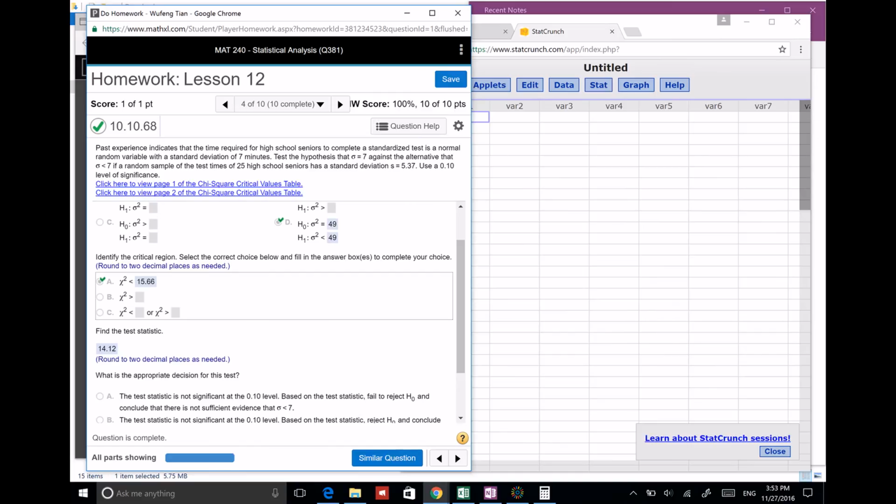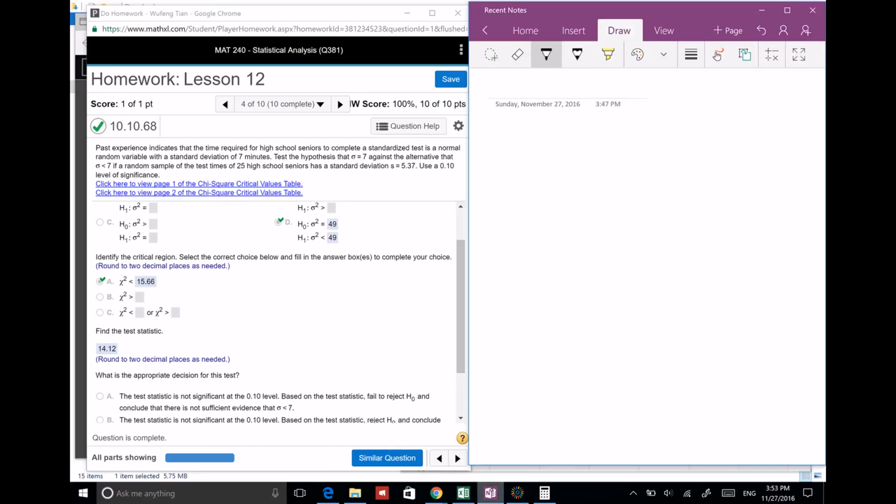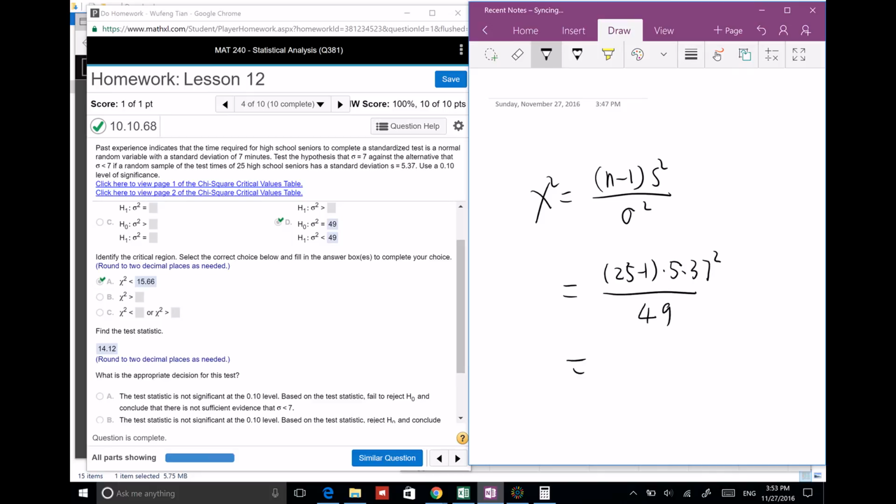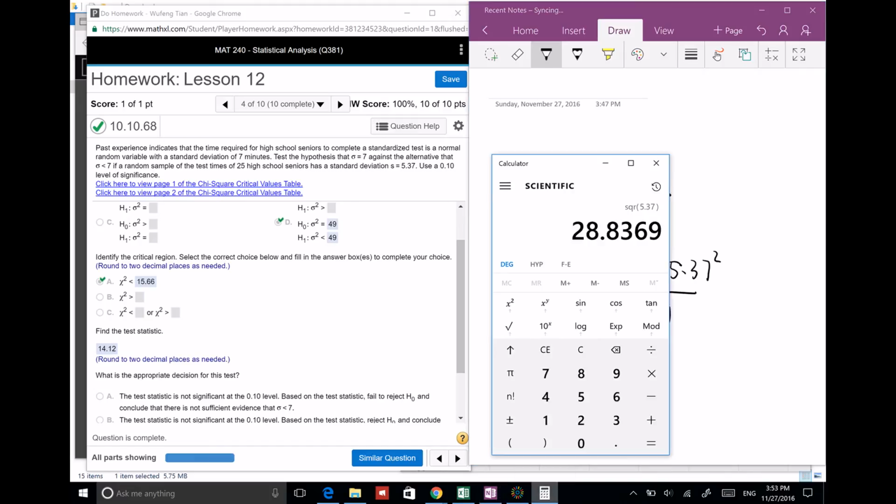If I use the formula, chi-square equals n minus 1 times s squared over sigma squared. So it's 25 minus 1 times 5.37 squared over sigma squared, which is 49. I think this is how you use the formula.